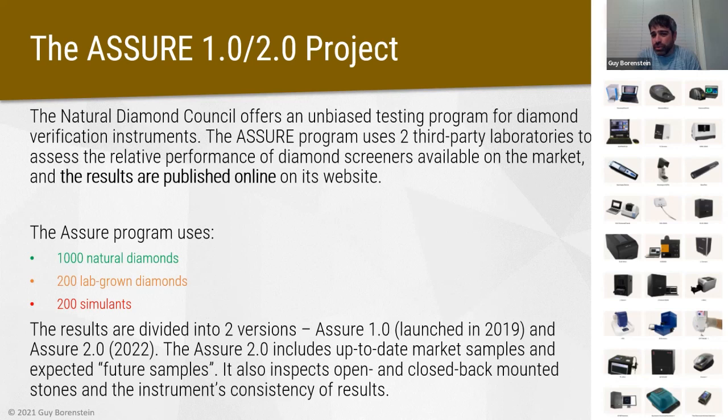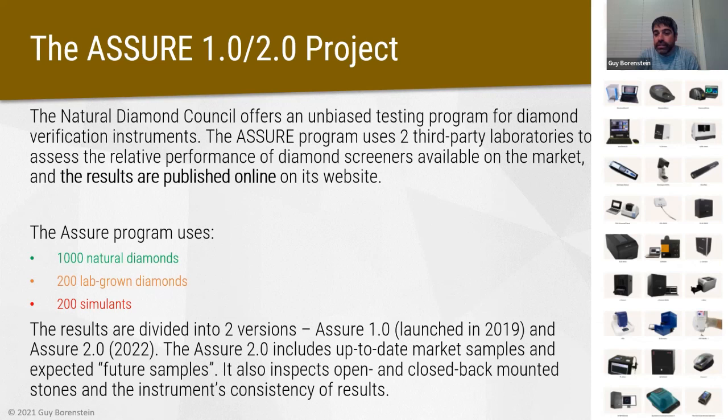There are two versions of this project. There is the first one, Assure, that was launched in 2019. And this year, the Natural Diamond Council launched Assure 2.0. Assure 2.0 is just an updated version of the project. Now they're using updated samples of new lab-growns that are available in the market, and also some lab-growns that they forecast to be available in the market soon.